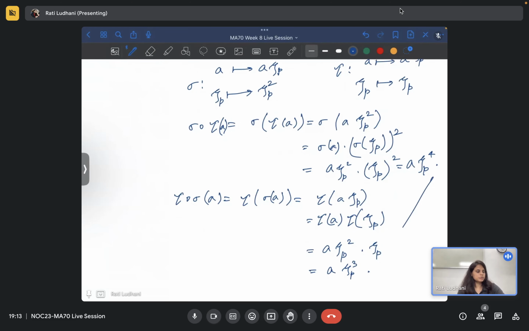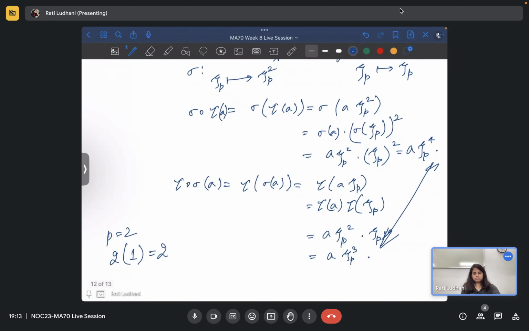So this is not equal. I'm assuming p is big enough, like maybe 5. For smaller p you can still find some elements, maybe for 2 we cannot, because if p is equal to 2 the cardinality is just 2, and we cannot have something better than that.